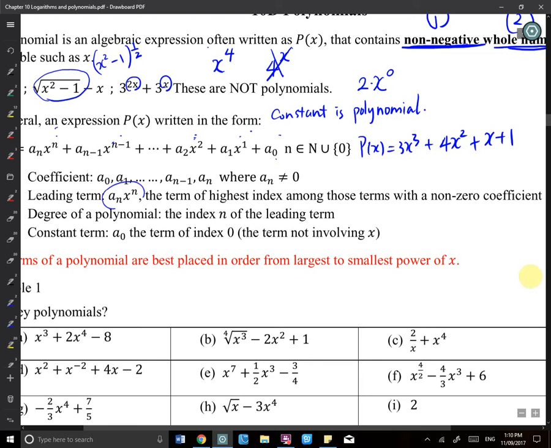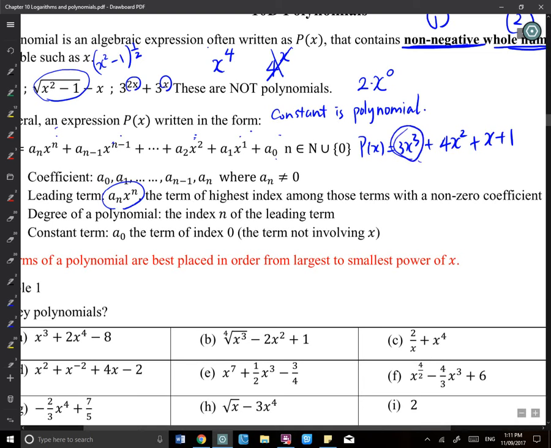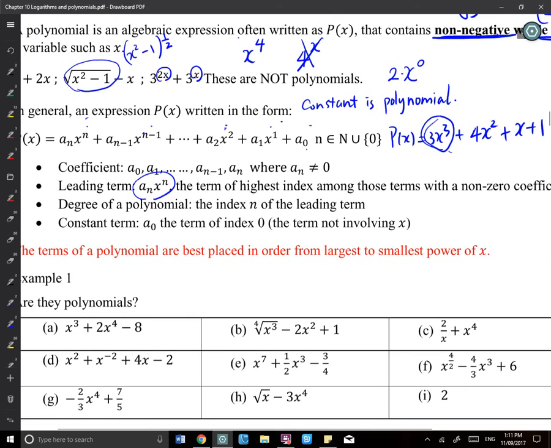The leading term is the term of the highest index among all of those terms. 3x to the power of 3 will be my leading term, because 3 is the highest index. I have index 3, index 2, index 1, index 0. So 3 is the highest one.